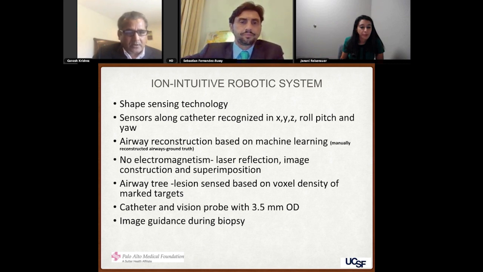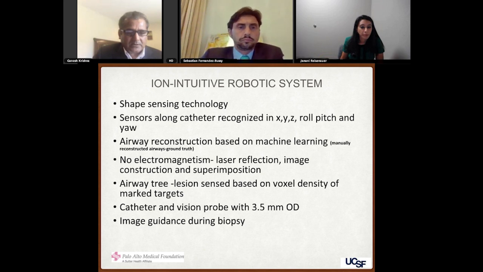And we talked about the airway reconstruction algorithm. So the airway reconstruction algorithm in this system is also a novel technology whereby the engineers have painstakingly drawn peripheral airways all the way from the center to the periphery in about 250 patients' CT scans, and then subsequent learning is based on artificial intelligence and machine learning, with the initial 250 scans being the ground truth.